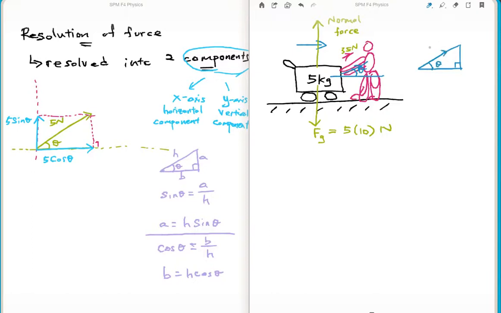This is to the right, 35 Newton. You don't need to worry about the vertical component. You worry about the horizontal component to the right. So this would be 35 cos the angle. And of course, this is 35 sine theta going up, but you don't need to worry about this.